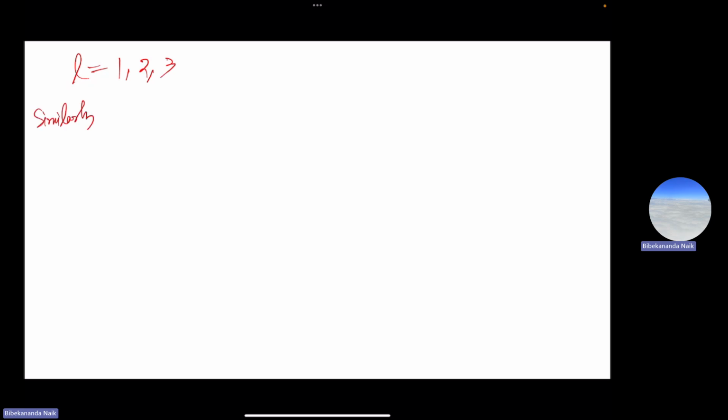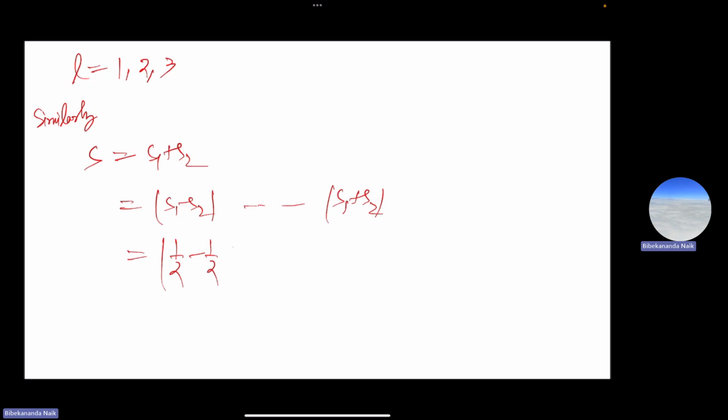Similarly, for S it will be S1 plus S2, that is mod of S1 minus S2 to S1 plus S2. Since both are half, it will be half minus half to half plus half. The possible combinations are 0 and 1 because there are no integers in between 0 and 1.